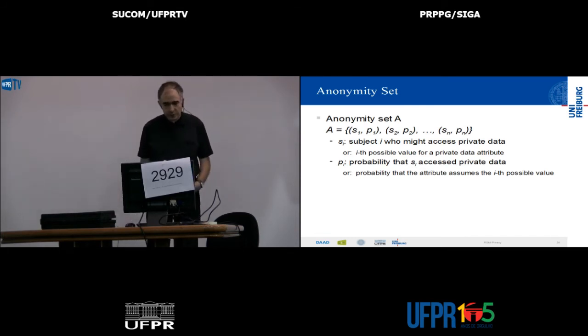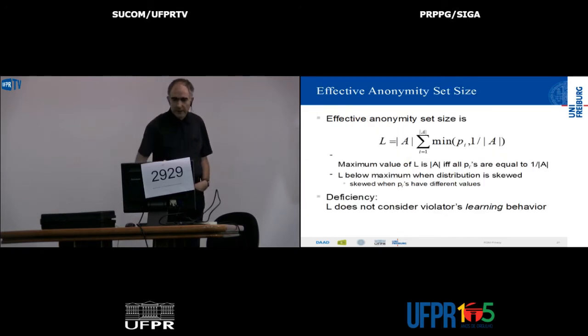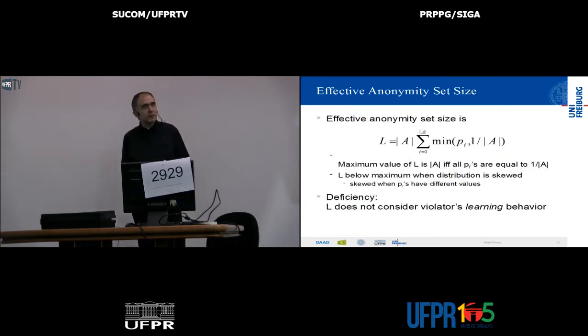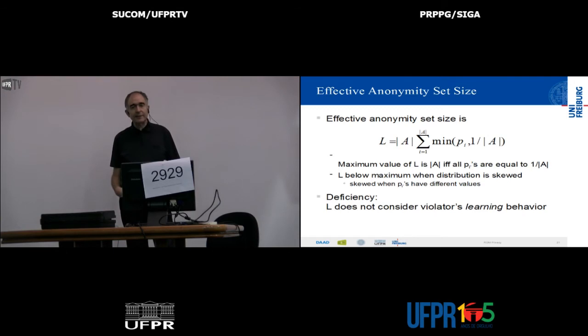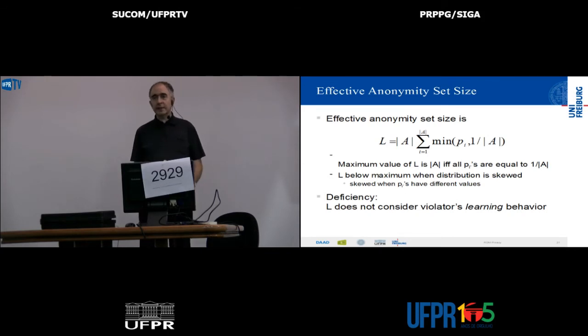For subject 2, we have 3 values, 1 a third, and so on. And then, after comes computer science lectures, it may come back. We say that the effective anonymity set size is this wonderful sum. And the maximum value of this L is exactly the size of our set if all these numbers are 1 over set size.